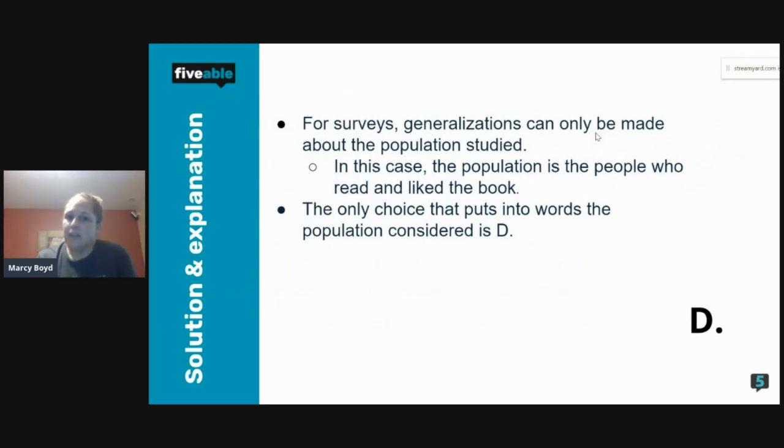So what I wrote here is for surveys, generalization can only be made about a population that is studied, meaning we only know that there are 200 people that like the book. I have no information about how many didn't. They didn't say 200 of 500. They didn't give us any other information at all. So we only know about the 200 people. In this case, the population is the people who read and liked the book, 200 people. And then the only choice that puts into words only that population is going to be choice D. Okay.